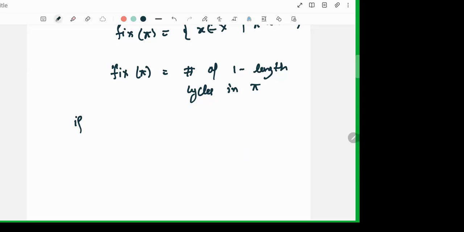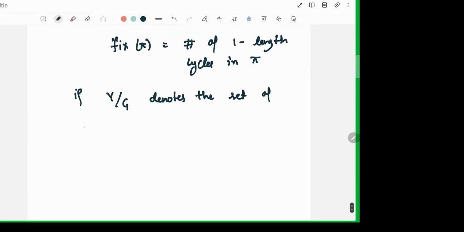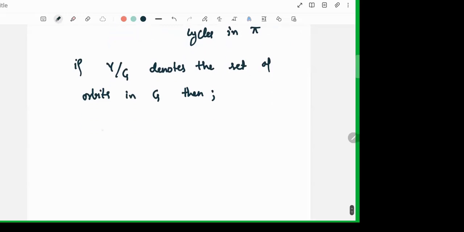So if X mod G denotes the set of orbits, then the cardinality of X mod G is 1 over the order of G times the summation over pi belonging to G of fixed pi.